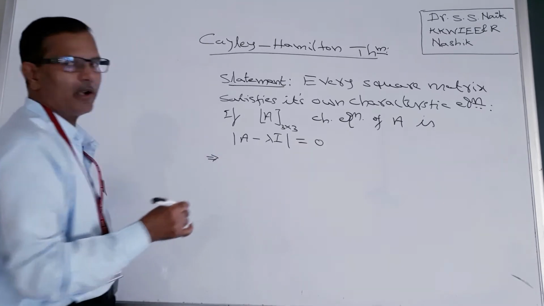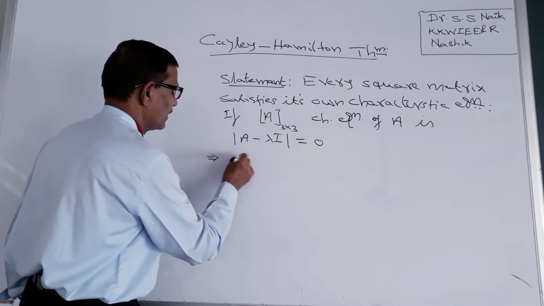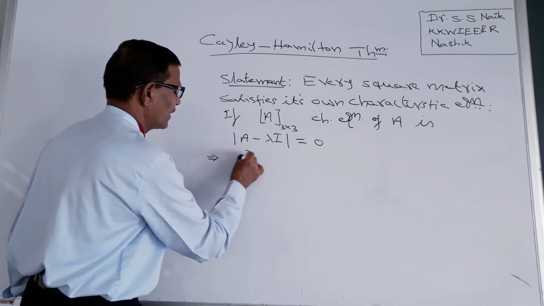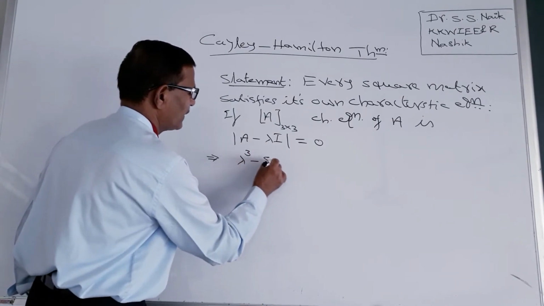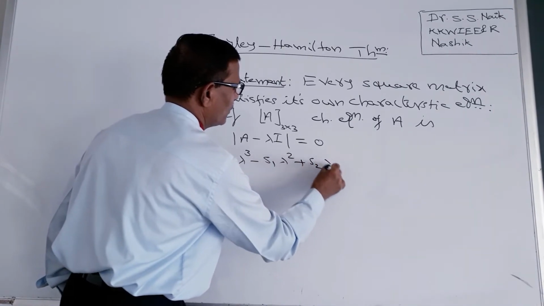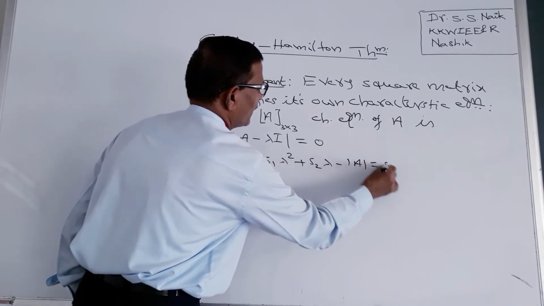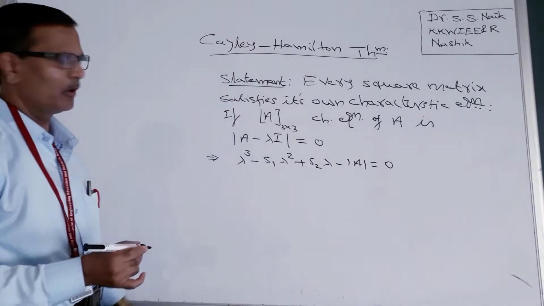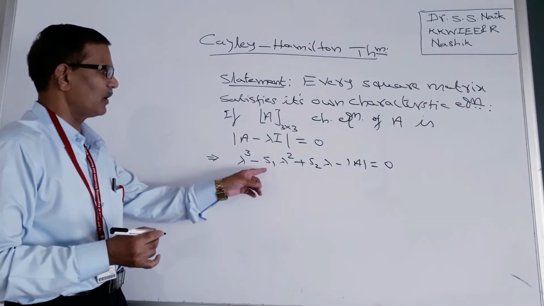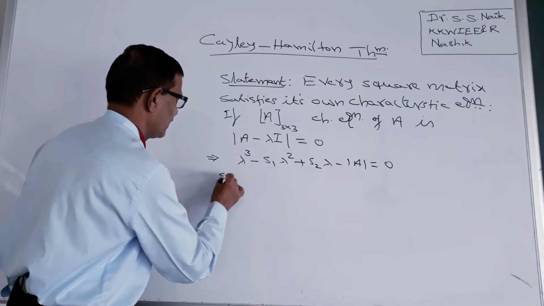When I expand this equation, its expansion gives lambda cube minus s1 lambda square plus s2 lambda minus determinant of A is equal to 0. Now here in this equation, what are S1, S2 and the determinant?